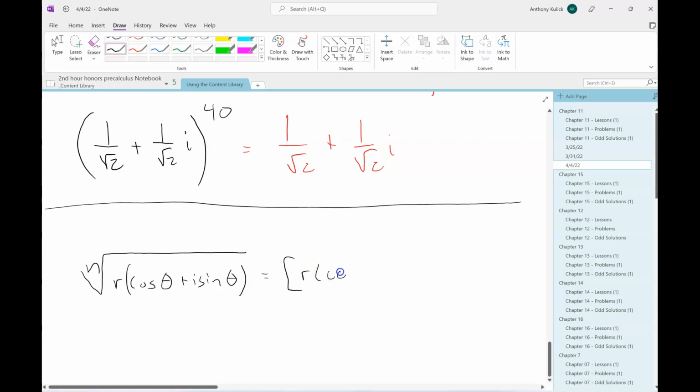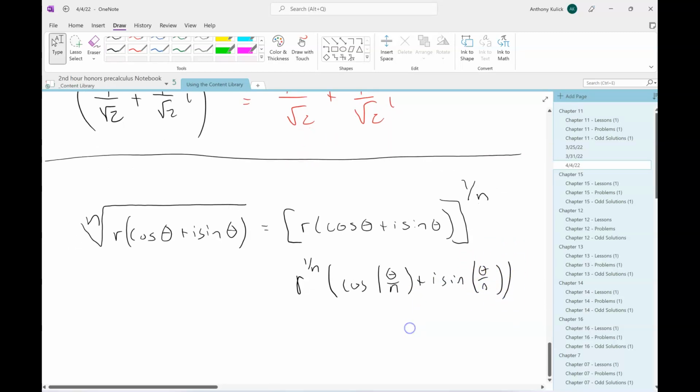Well, what's the same thing as an nth root? The exponent 1 over n. So if I apply De Moivre's theorem, I should get this, right?